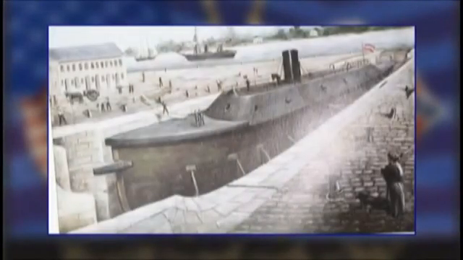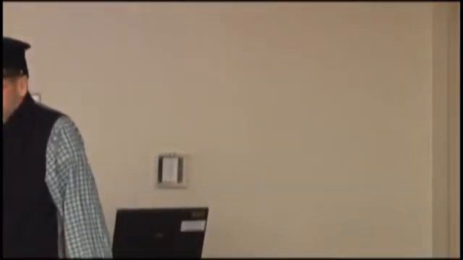Southern ingenuity was not totally deficient. This was one of the first ironclads, and they raised a sunken northern ship and coated it with iron, and it became an ironclad. Back at between the Monitor and the Merrimack, off Hampton Roads Harbor, 2 ironclad ships.